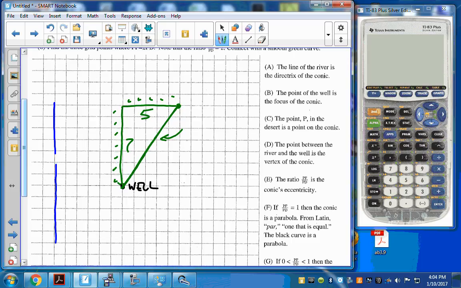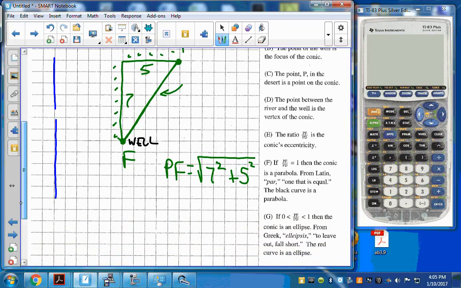Let's call this point P and this point F, as in the directions, PF, the distance from P to F, which is the focus of our conic section. It will be defined as the square root of 7 squared plus 5 squared.